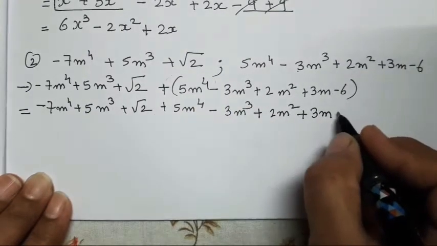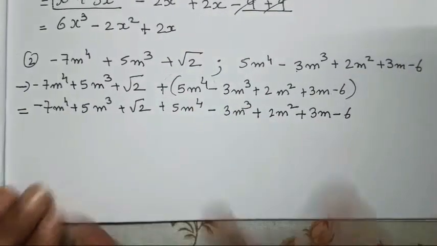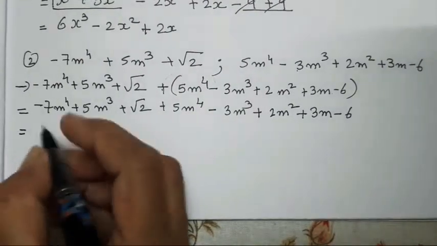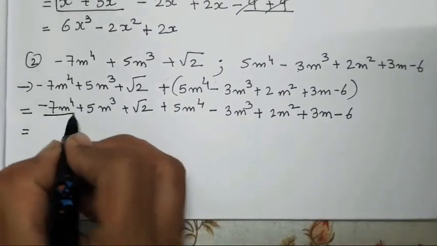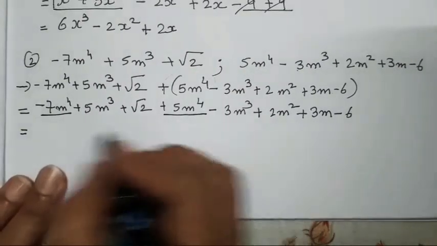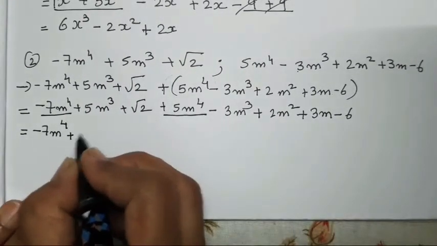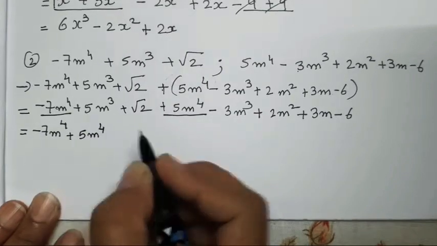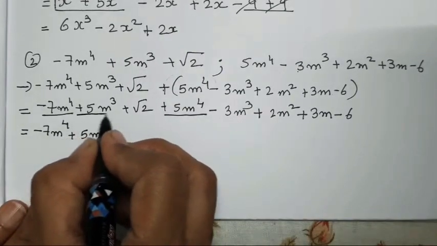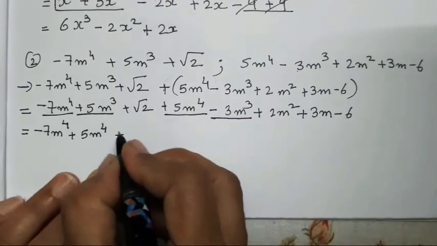Plus and minus is going to be minus 6. Now I have opened the bracket. The next step is forming the common pairs. So this is going to form a pair with this. So minus 7m4 plus, with the sign you all have to write. Okay, remember.